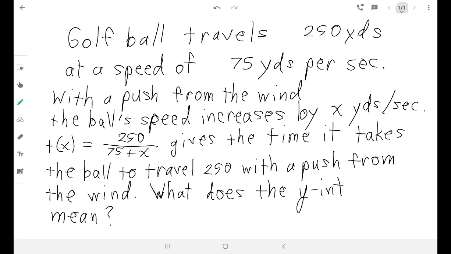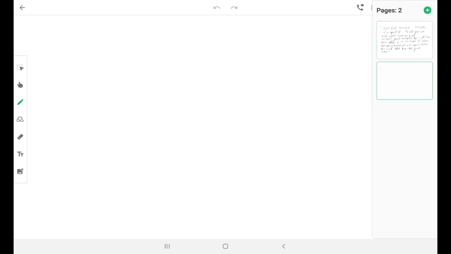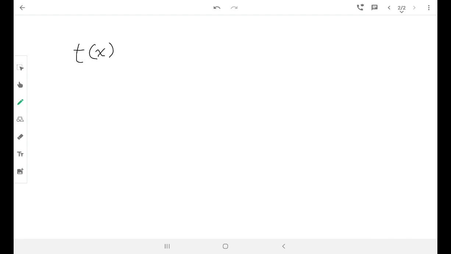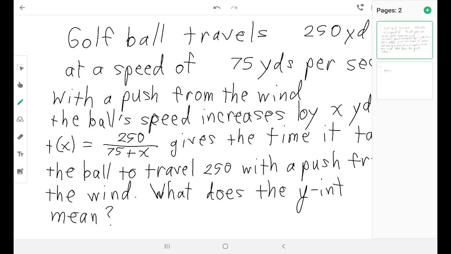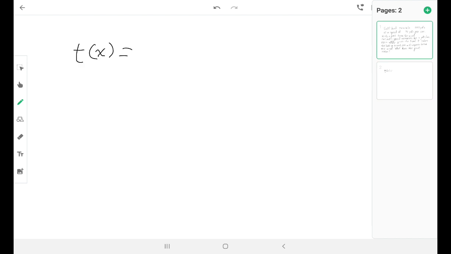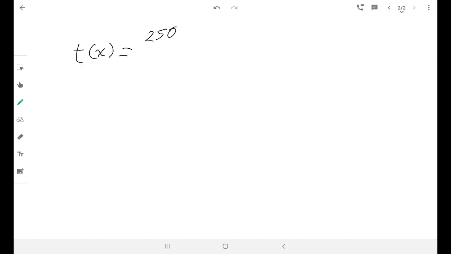Okay, so let's get a fresh look at this. We're going to talk about the t of x, which equals 250 over 75 plus x.